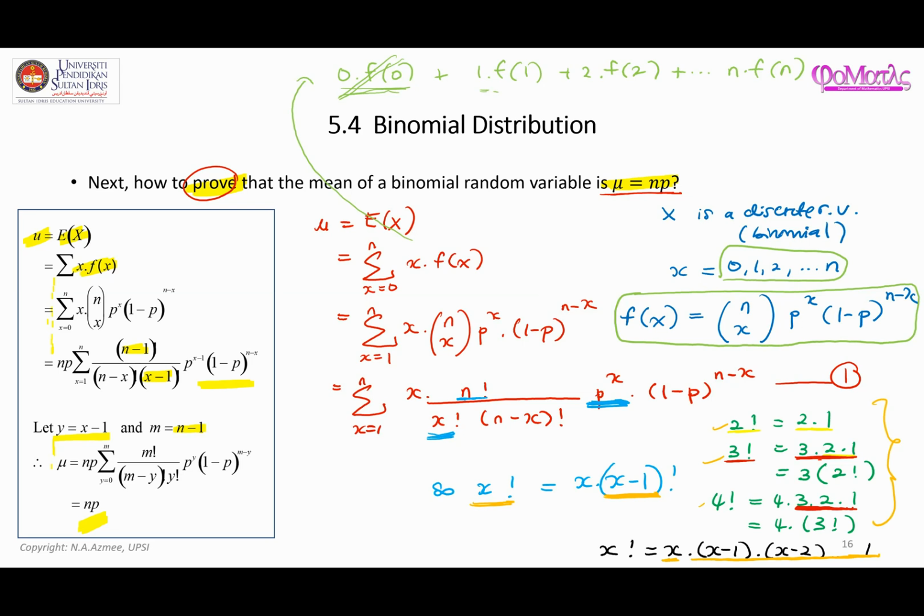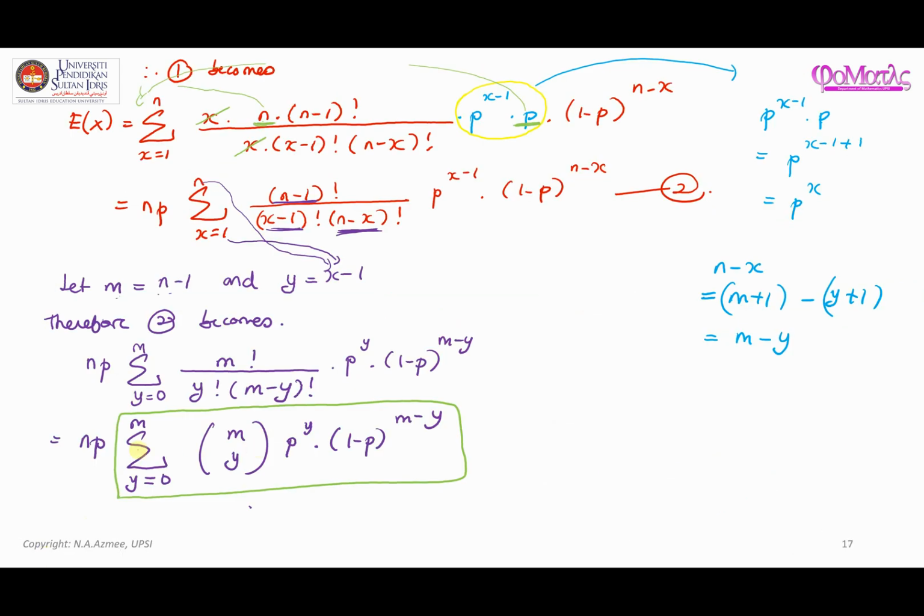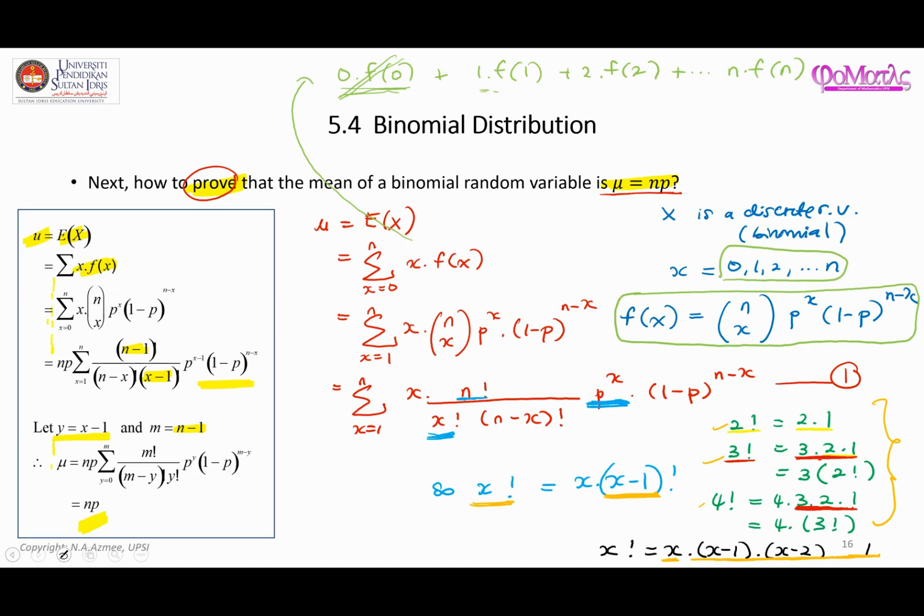The difference that we have is we are just using different alphabets. We only have m and y instead of n and x, but it doesn't matter because it has a similar look, just different alphabets.